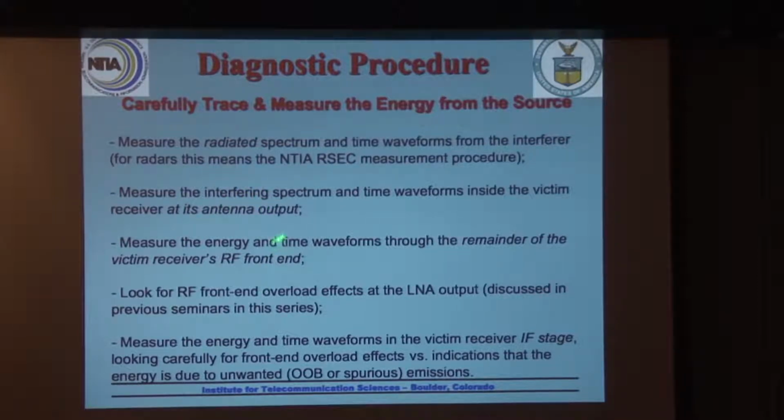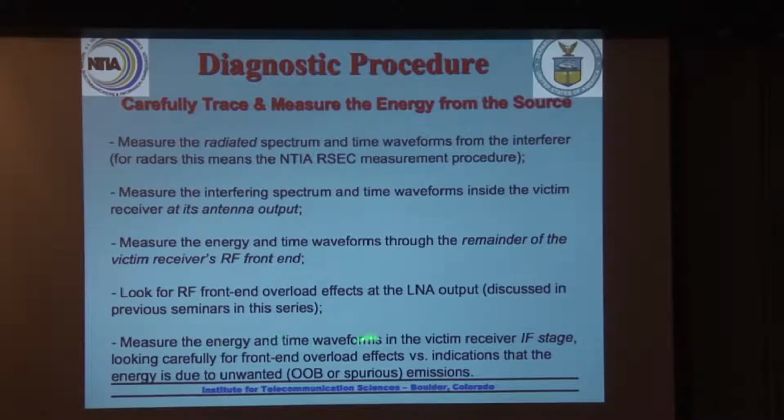And then we need to work our way down along the path inside the receiver, typically down to the receiver's IF stage, to see what might be going on inside the receiver. And, of course, we look for our front-end overload effects up at the LNA output up here at the front end of the receiver. We've discussed that previously.